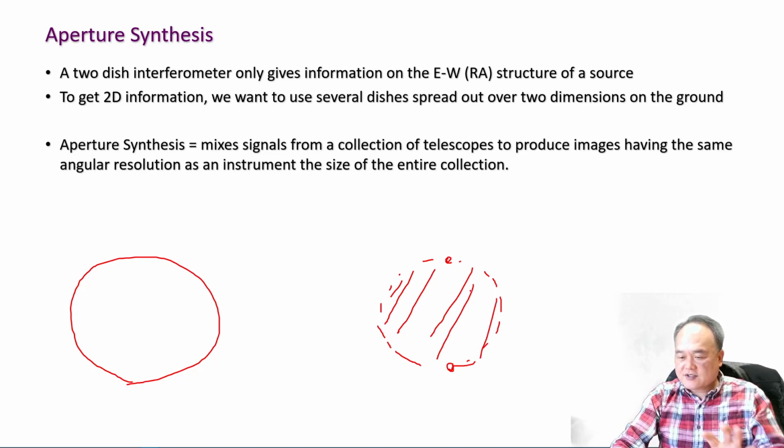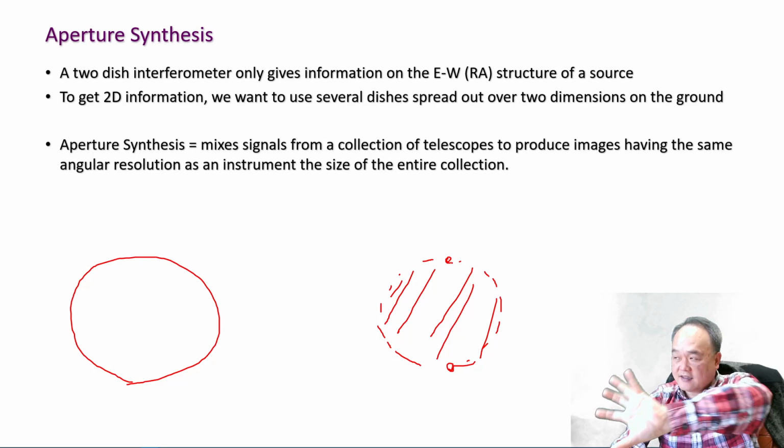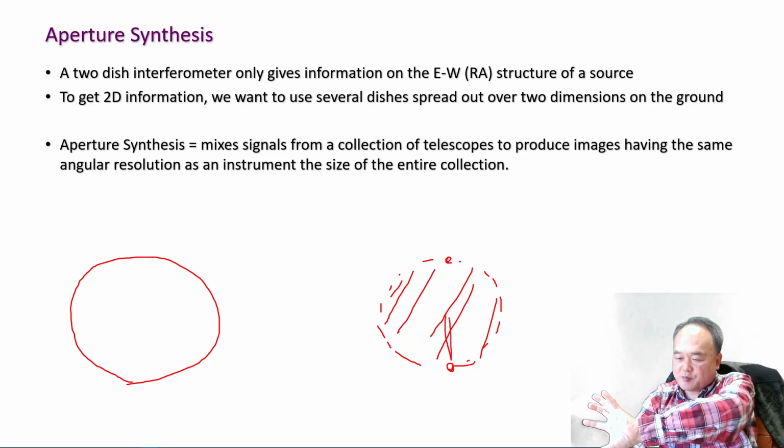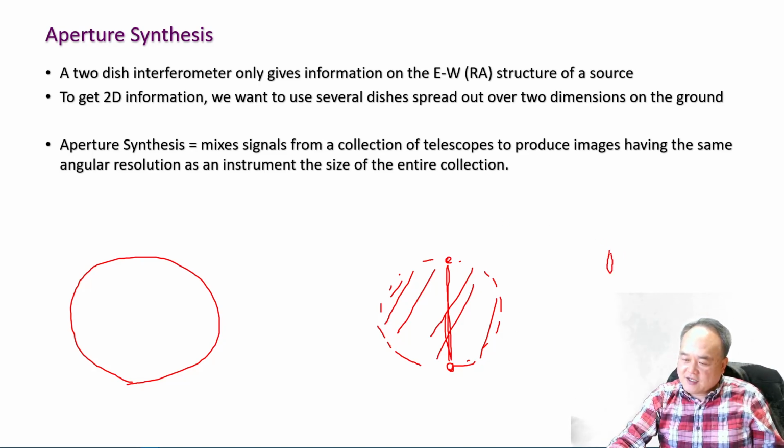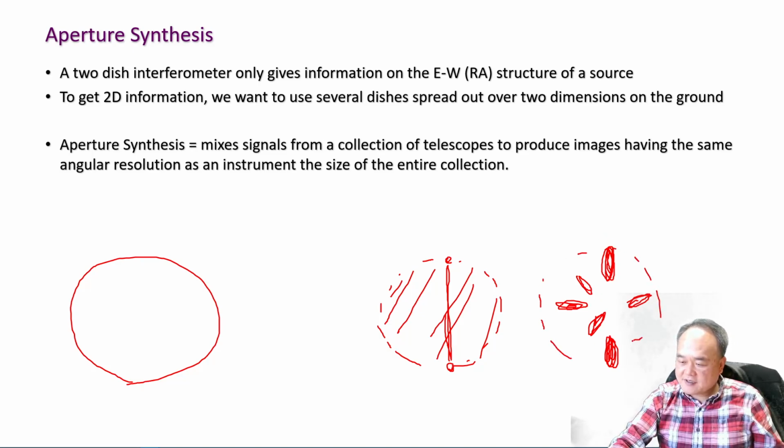One way is that while we are tracking, this effective separation is changing, so over time a single dish covers this much, and another dish covers that much. Imagine we add additional radio dishes, strategically arranged to fill this gap. A solid mirror will produce a perfect Airy ring diffraction limit, right?